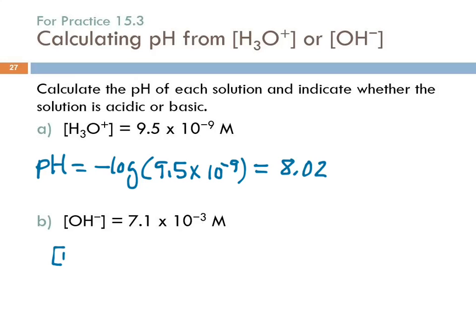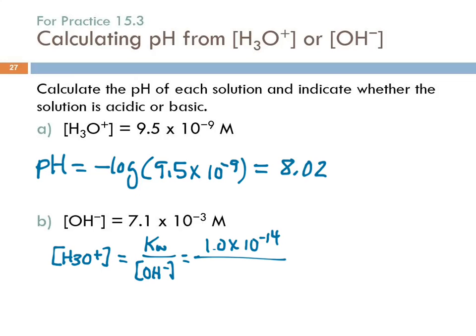So the H3O plus is going to equal Kw over the hydroxide ion concentration. 1.0 times 10 to the minus 14 divided by 7.1. That's not a 1. Times 10 to the minus 3.